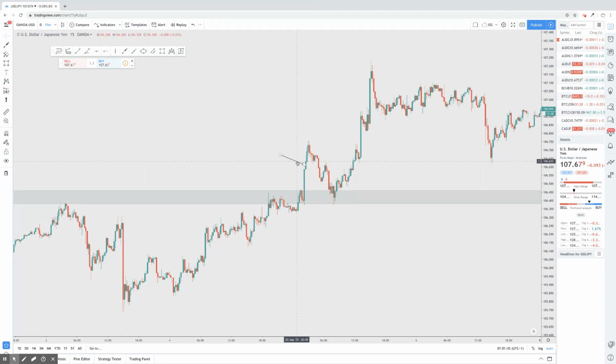So I would never enter on this candle, okay? I want to see the second candle or the next candle on a lower time frame, like the 15-minute, going in my intended direction. So in this case, I wanted to see a second bullish candle, okay? That indicates to me that it's not a false breakout and it is going to continue in that direction. So that's just a tip for you.